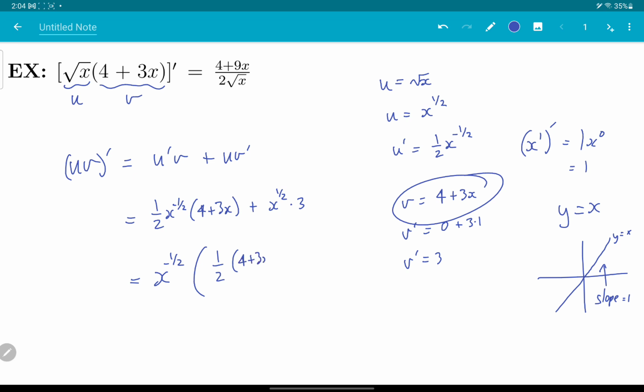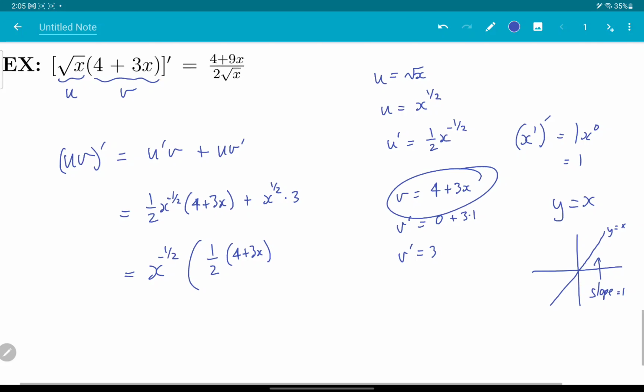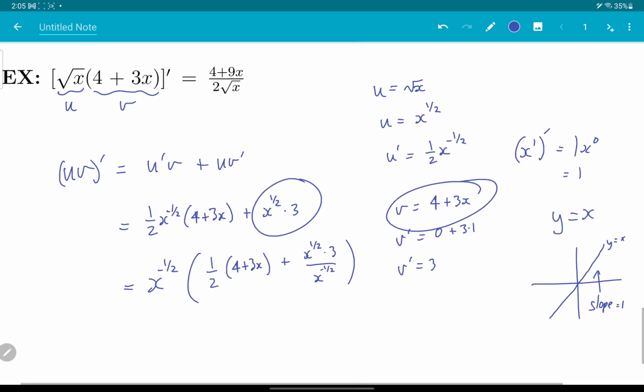And what's left? Well, the first term, this guy just disappears. It's been moved up front. Second term is a little bit trickier. Just to keep it straight, at least the first time here, I'll write it like that. When I pull x to the minus half out of this term, what I'm doing is dividing by x to the minus a half.